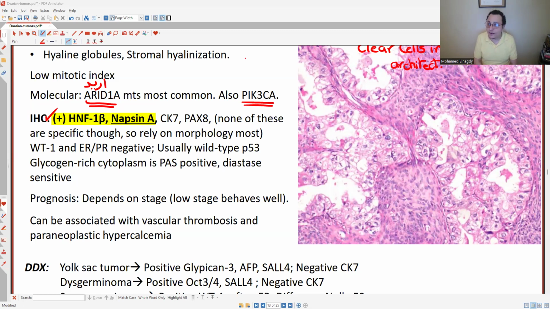What if the same cyst is more than 1 centimeter? Single layer of fallopian tube-like cells, no mucin, so no mucinous cells, and there are no malignant features, no stromal invasion, nothing, and it's huge, more than 1 centimeter. What do you call it?